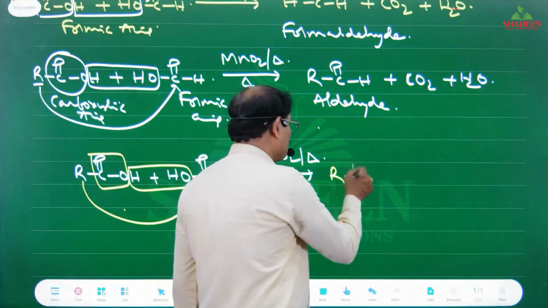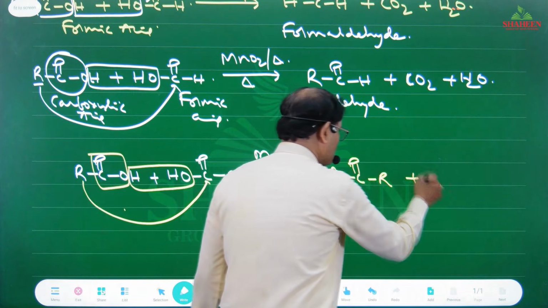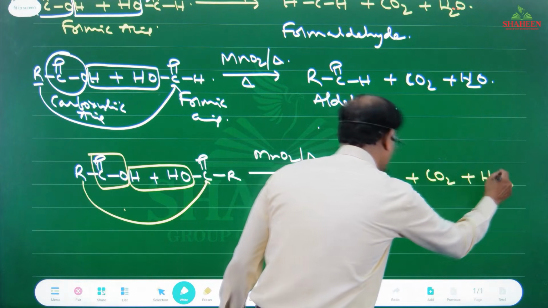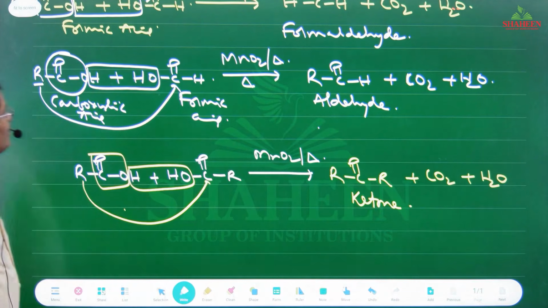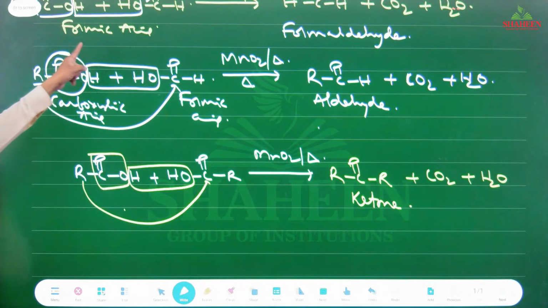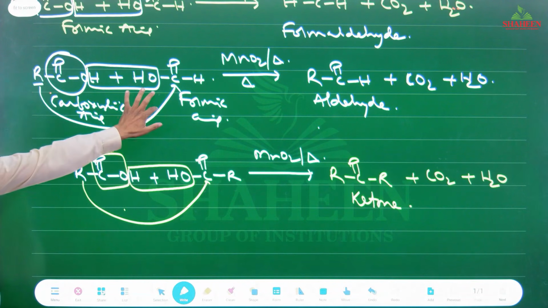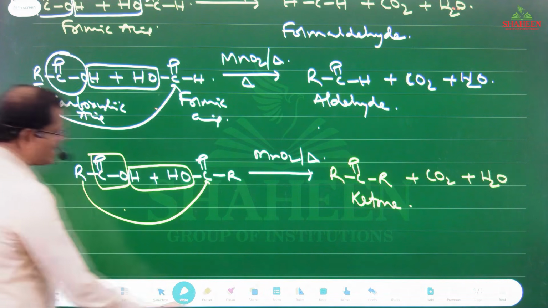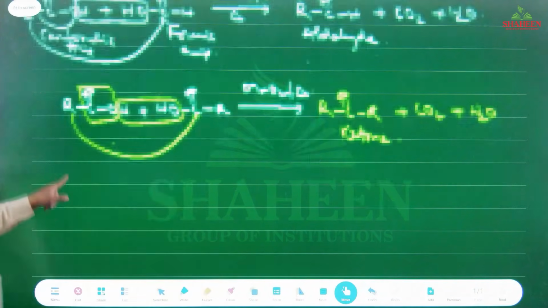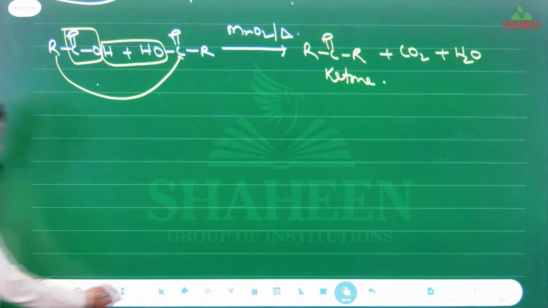So we have a ketone plus carbon dioxide plus water. So the ketone is the product. That's why formic acid alone gives formaldehyde, a mixture of formic acid with another carboxylic acid gives an aldehyde, and a carboxylic acid other than formic acid alone gives ketones. Based on the requirement, we need to take the required carboxylic acids.